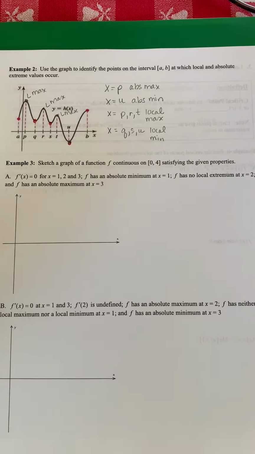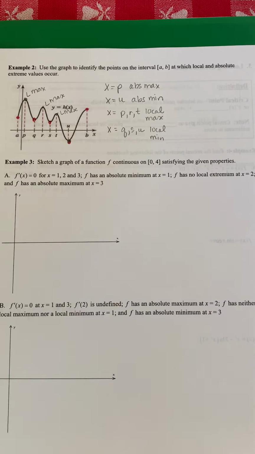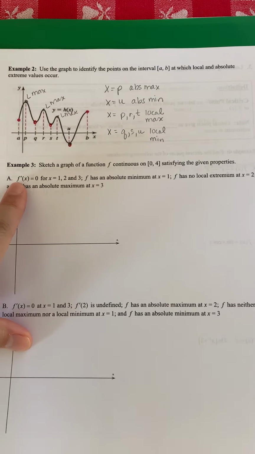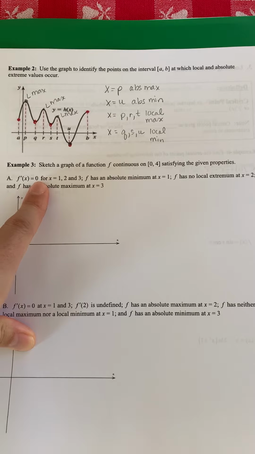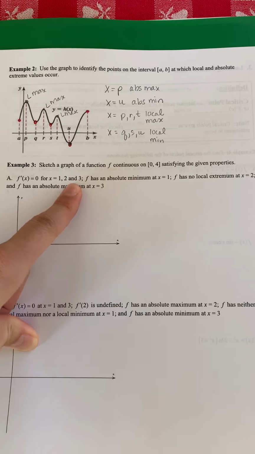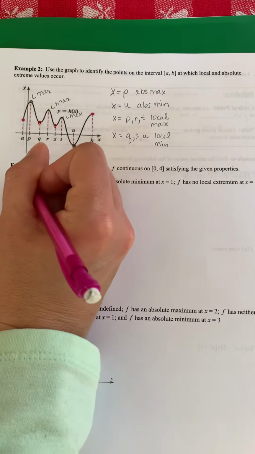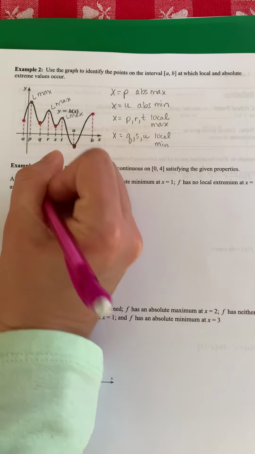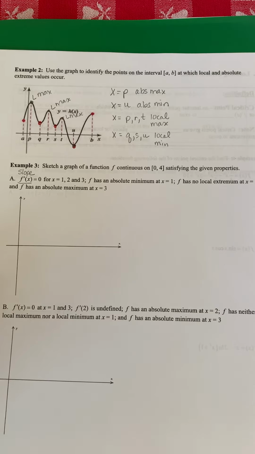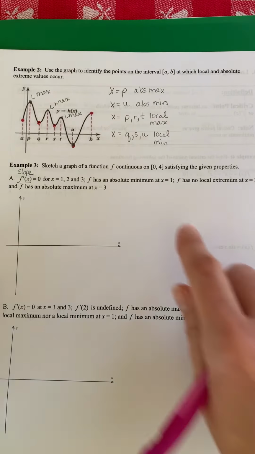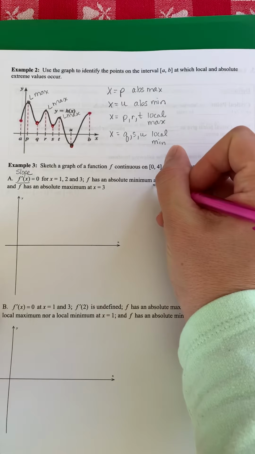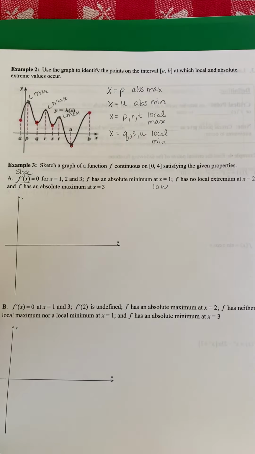So the first thing that we need to do is make sure that the derivative is 0 for these three values. So what that is telling you, the derivative, remember that's a fancy way to say the slope, is that we're going to need horizontal tangent lines for those. The absolute lowest spot, because it says absolute min, is at x equals 1.